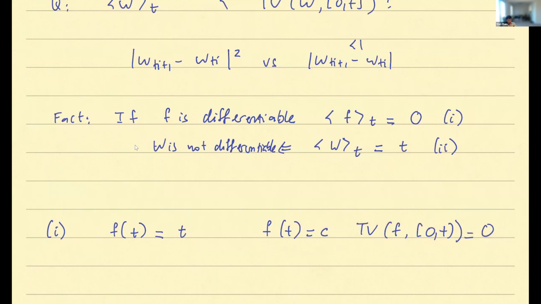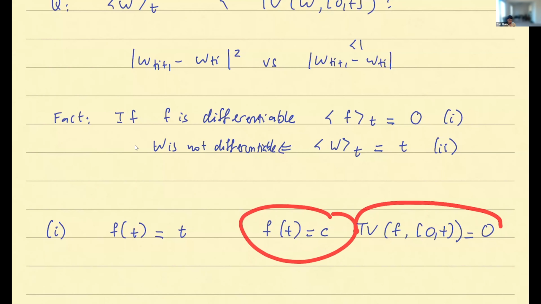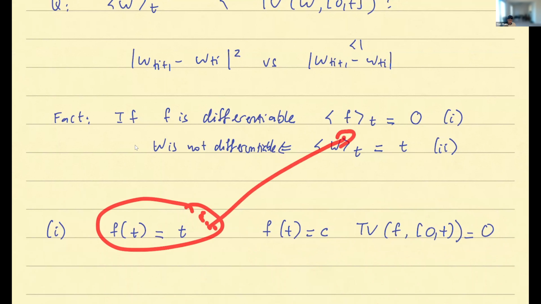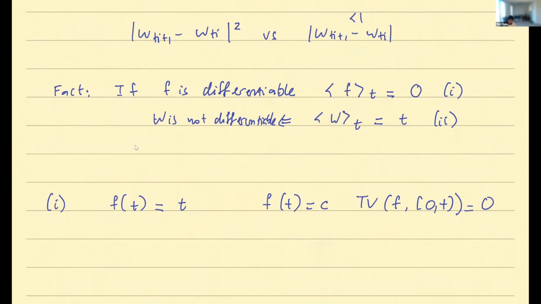But conceptually, you should try to understand why a constant function has total variation 0. I guess it's trivial because your position is always constant, so you are not moving anywhere. Anyway, this is the easiest one we can look at for quadratic variation. By the way, for this one, what is the total variation of this function?